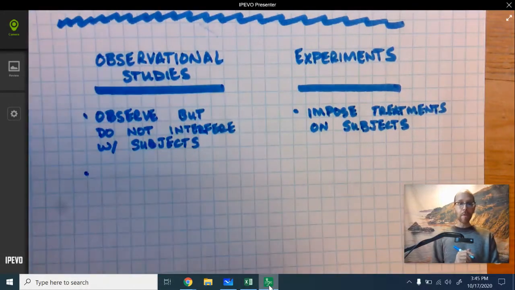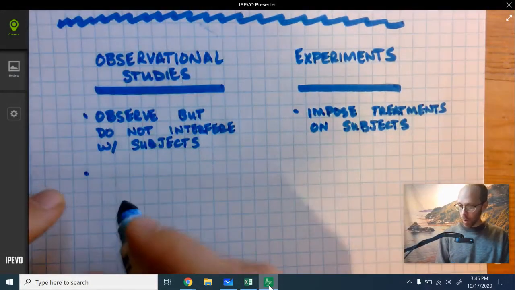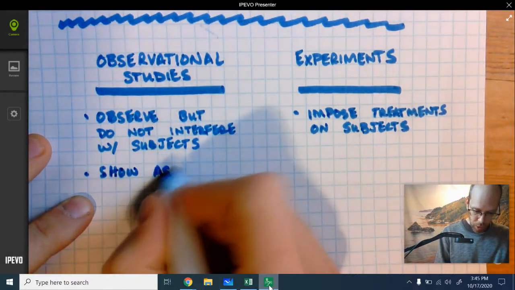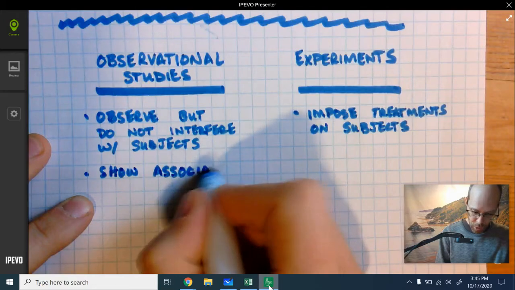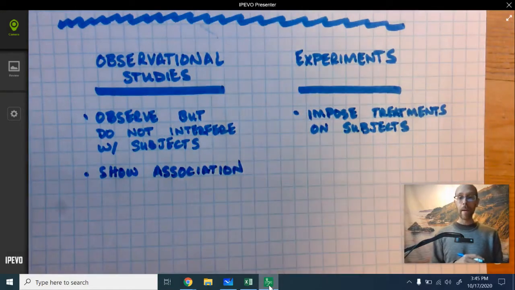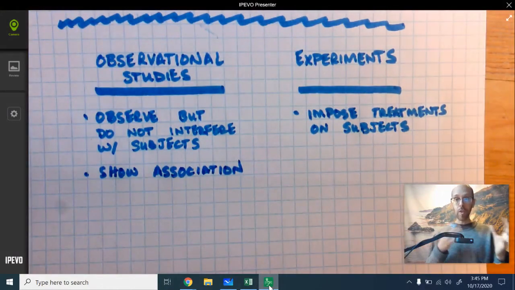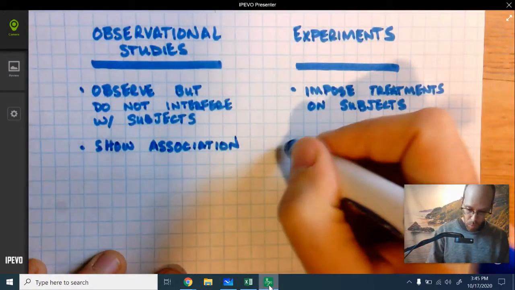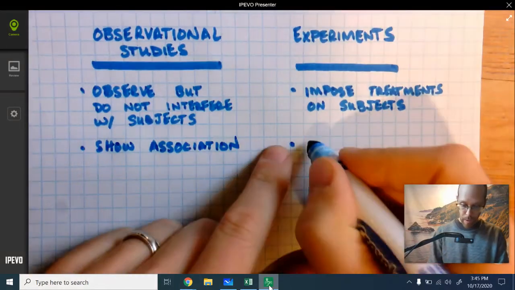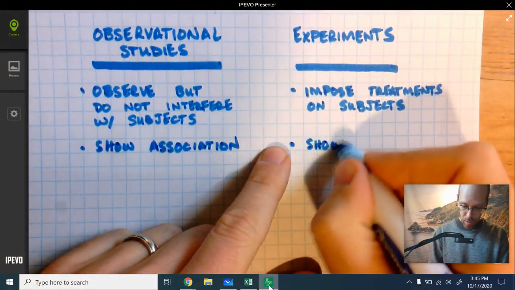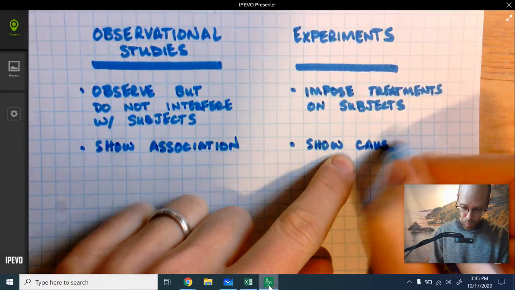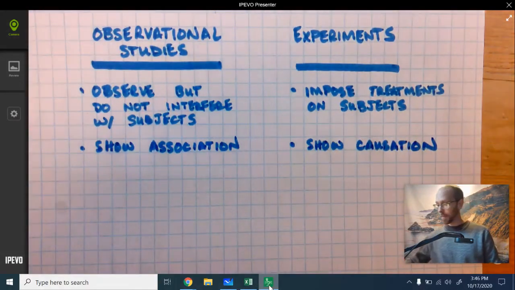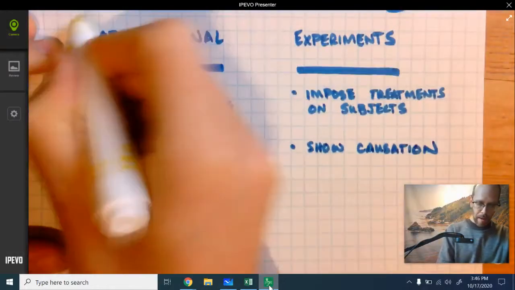In an observational study, we can only show association. We can only show that changes in one variable are associated with changes in another variable. They move together. Whereas with an experiment, we can show causation, that one variable causes the other.